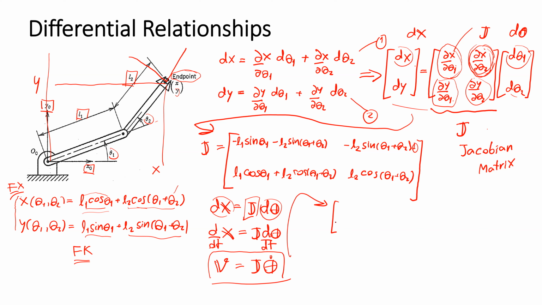It seems we have dx by dt and dy by dt. The Jacobian still is the same one. The Jacobian is the same, and the joint velocity.